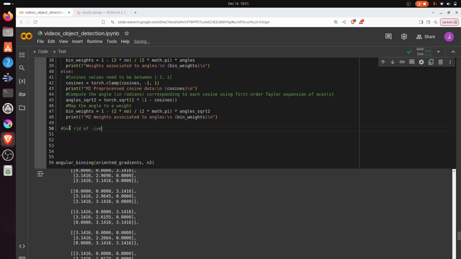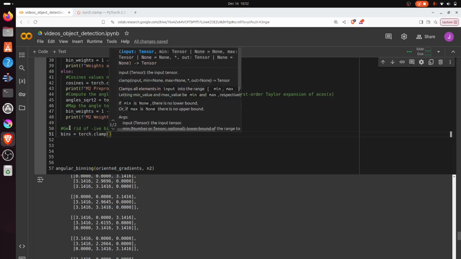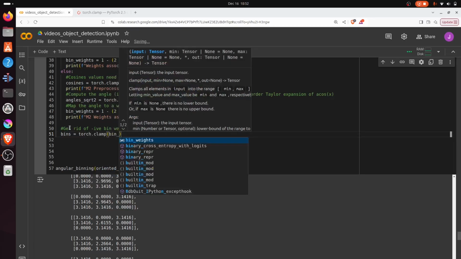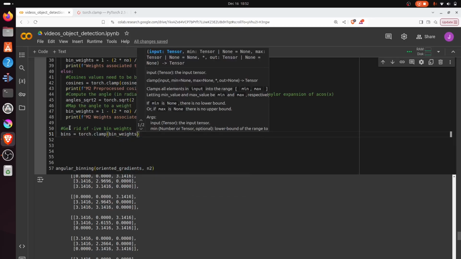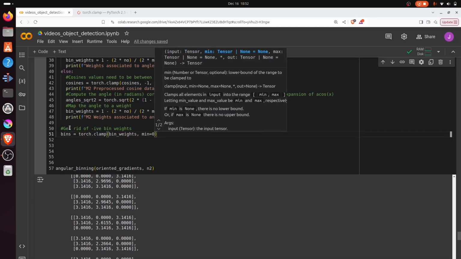First of all, we need to store our filtered bin weights, and we need to clamp the bin weights in a way such that we get rid of the negative values.